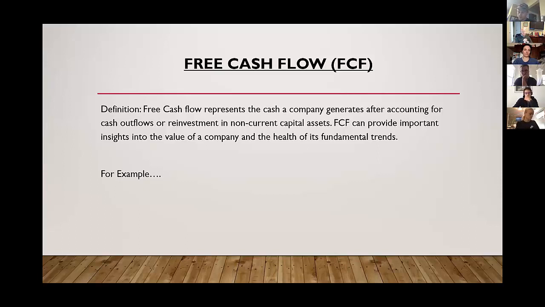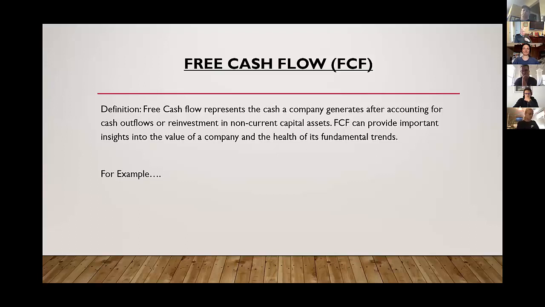As an example, free cash flow helps us get insights into how a company is doing or pull value from a company. For example, suppose a company had made about $100 million per year in net income for the last decade. On the surface, that looks great and stable.